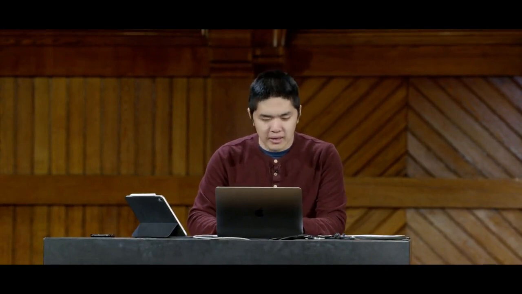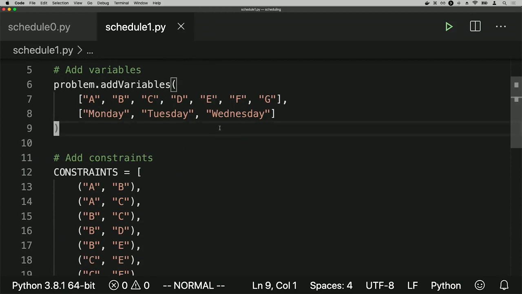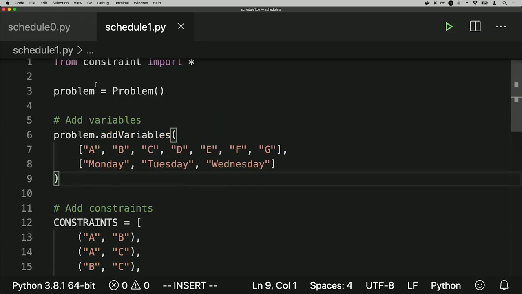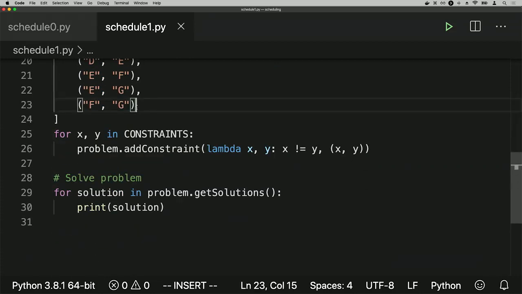Again, as with before, the specific library is not as important as the fact that libraries do exist. This is just one example of a Python constraint library where now, rather than having to do all the work from scratch inside of schedule1.py, I'm just taking advantage of a library that implements a lot of these ideas already. So here, I create a new problem, add variables to it with particular domains. I add a whole bunch of these individual constraints where I call add constraint and pass in a function describing what the constraint is.